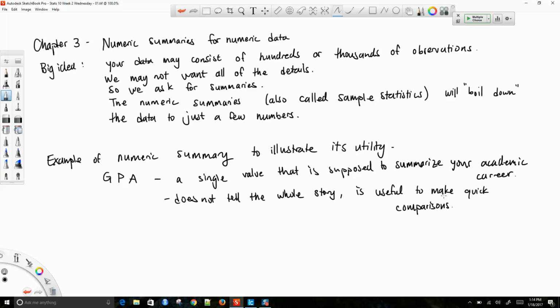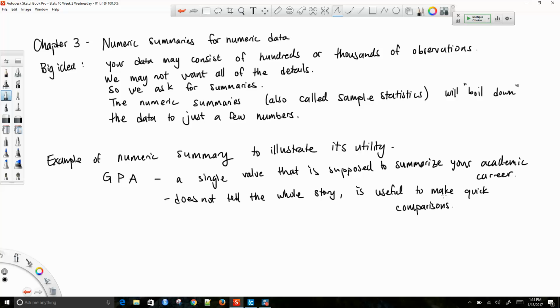If someone might set a goal and say, we want to decrease unemployment numbers, okay? And this is the numeric summary that we're looking at. We're going to look at the unemployment rate.